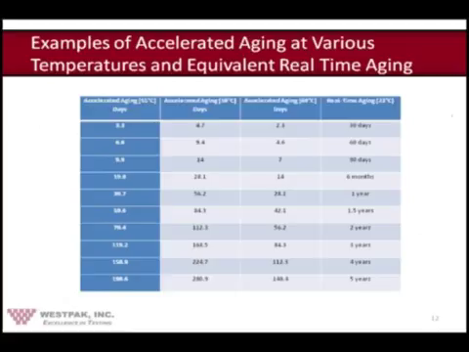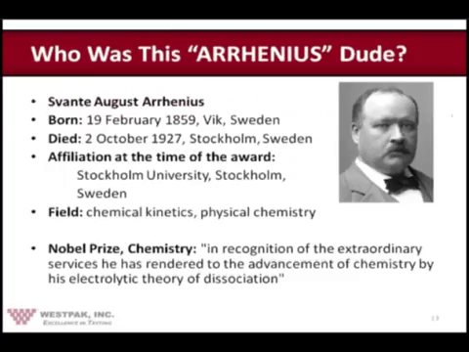So you accelerated age it for 56 days, or if it can handle a little higher temperature, then 28 days is correct. So we're going to go ahead now and show you exactly how those numbers are generated, what effect they have, and how in the world they can be derived from what we refer to as the Arrhenius Equation.